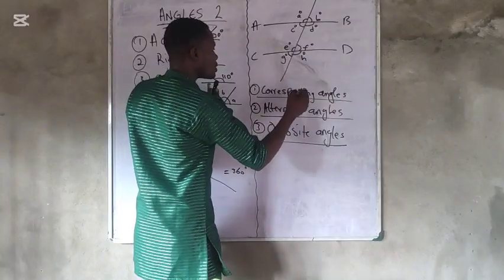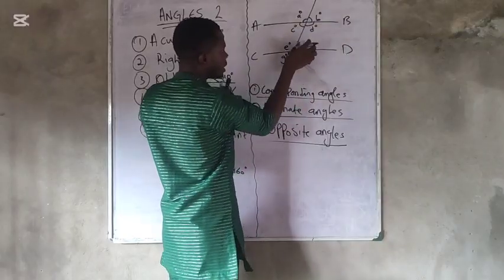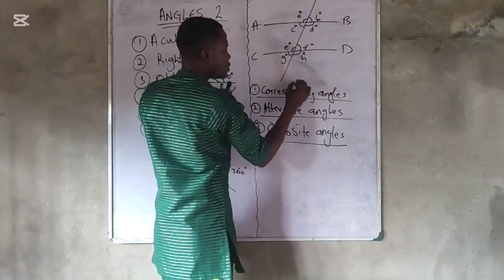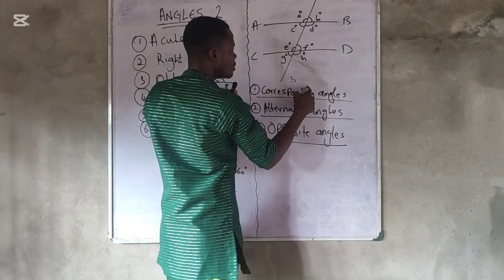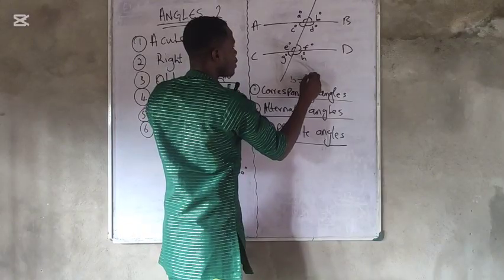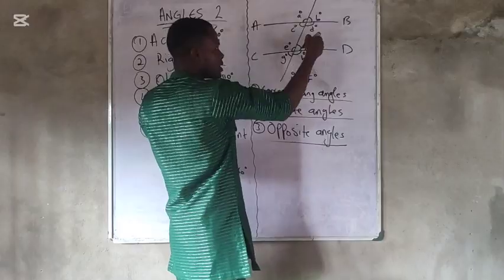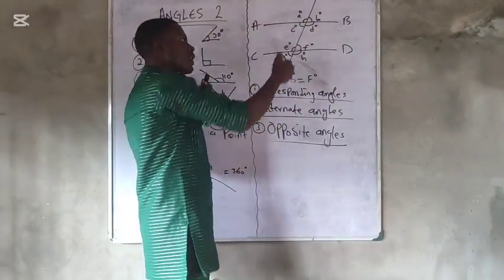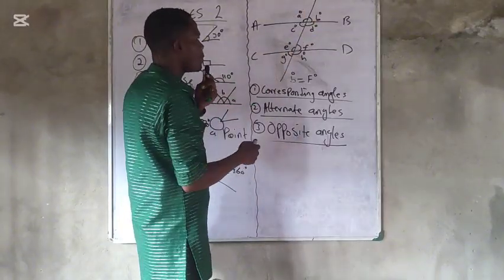The corresponding angles here are B and F. Under corresponding angles, B is equal to F, meaning that whatever value B takes, that's what F will take. If the value of B is 20 degrees, then F should be 20 degrees as well.